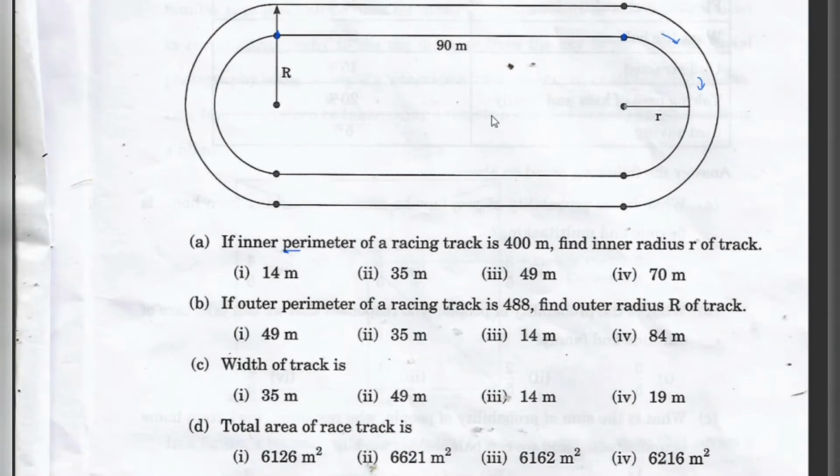If the inner perimeter, so again this word plays the game for you. Inner perimeter means if you start running over here through this line, you have to add that 90, plus this track here. Check out the semicircular track perimeter. The perimeter of a circle is 2 pi r, so here it is 2 pi r by 2, that is pi r, plus then again you run over here in this track, the inner one, plus 90.